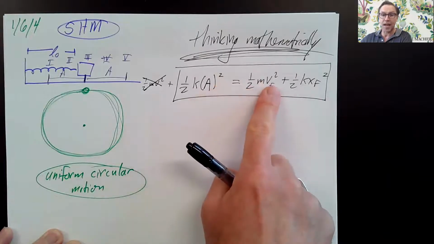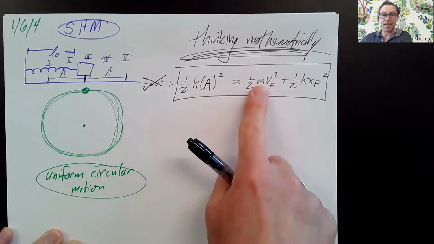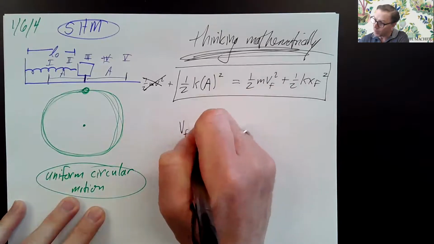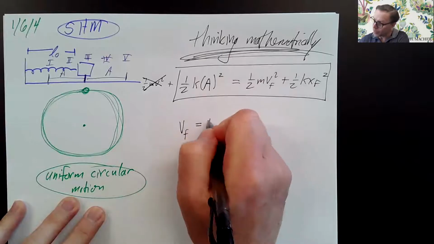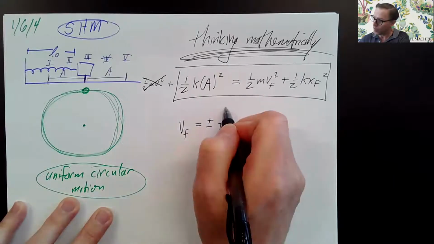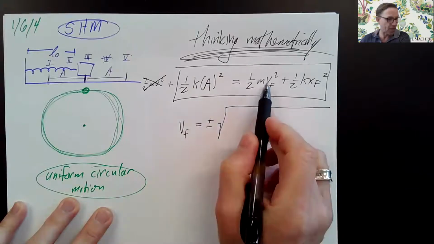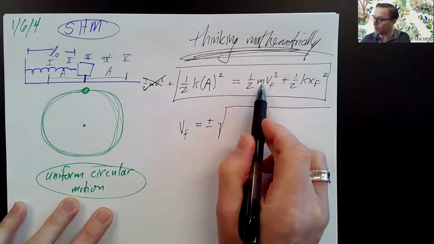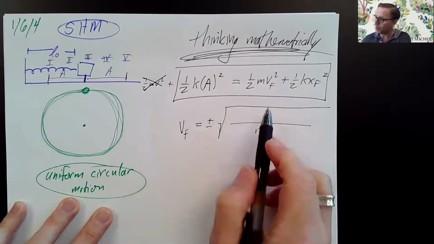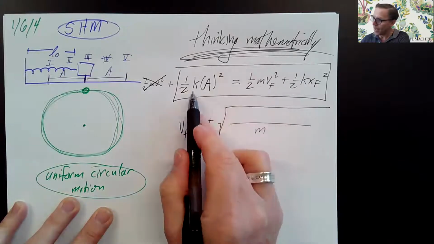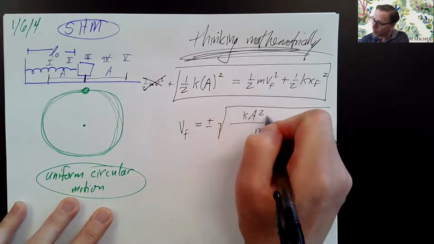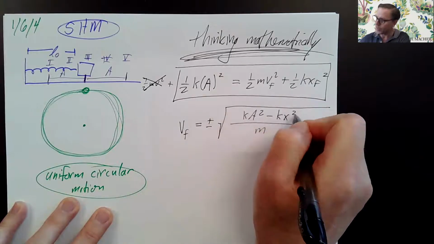And then if I want to isolate v, I'm going to divide by m and then take the square root. So v final equals, now when I take the square root of both sides, I need a plus or minus. You learned that in your math class. The square root of, and then we had everything over m. And then what I had was kA squared minus kx squared.